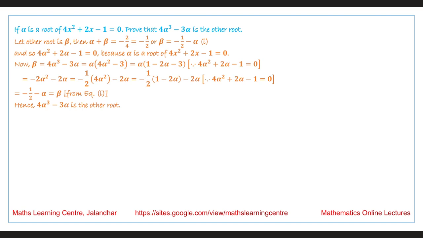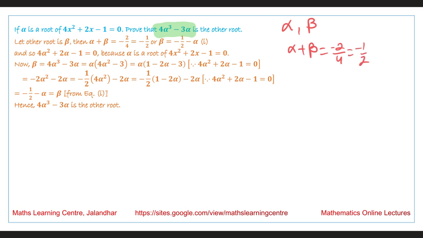Next, if alpha is a root of this equation, we have to prove that 4 alpha cube minus 3 alpha is the other root. Suppose the other root is beta. If one root is alpha and the other root is beta, then alpha plus beta is equal to minus b by a, that is equal to minus 2 by 4, that is equal to minus 1 by 2.